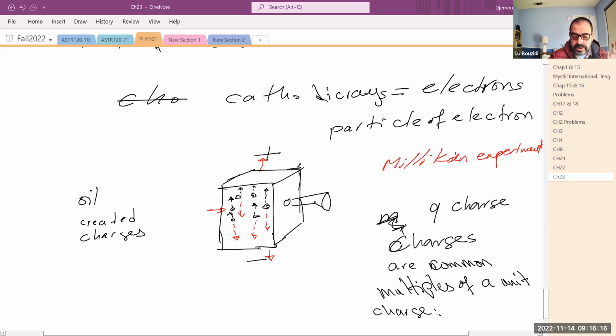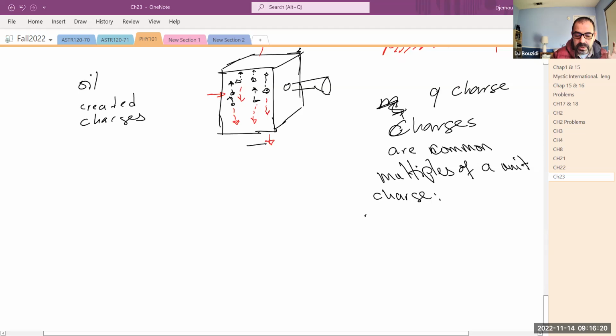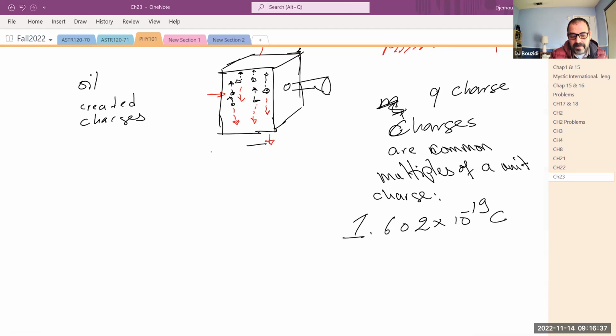That unit charge turned out to be the number I put before, which is 1.602 times 10 to the negative 19 coulomb. So if you find all of the charges needed to suspend all of these materials, and you plot the numbers versus the mass and all of these things, you will find that all of these charges are common multiples of this number, 1.60 times 10 to the negative 19.